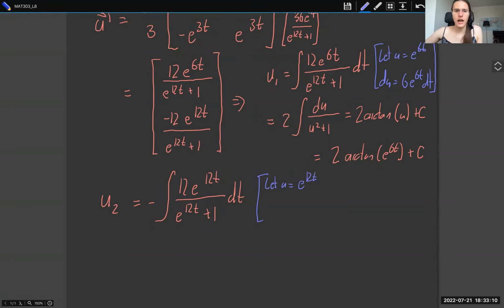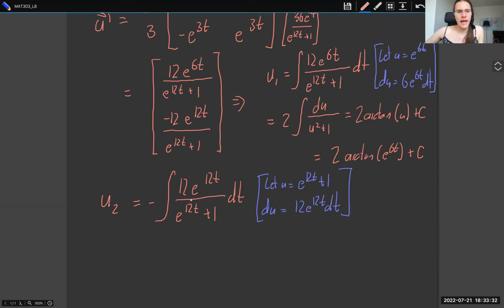Good. Well, look, okay, that works equally well. I was going to do it without the plus 1, but it actually works equally well. So we get 12 e to the 12t dt.